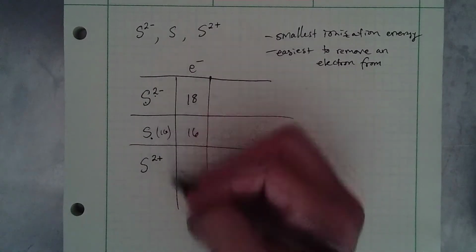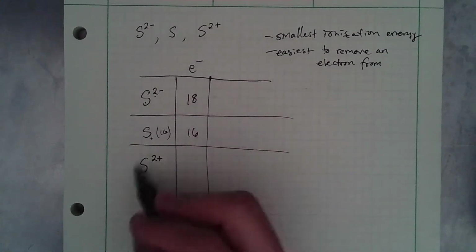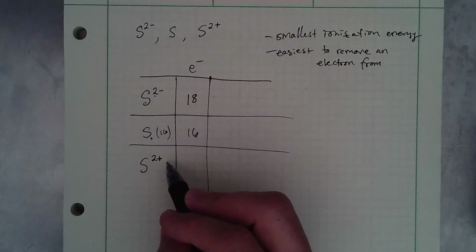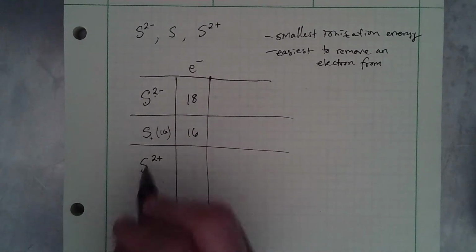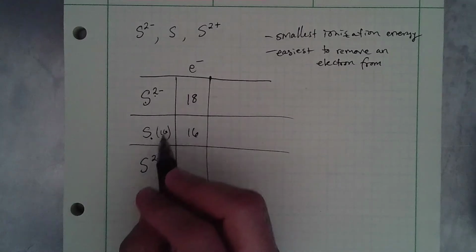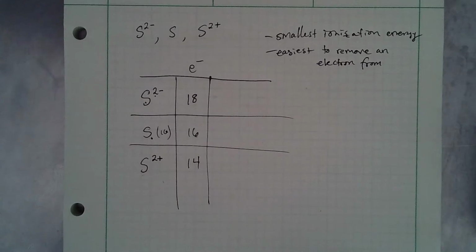And then vice versa for the sulfur +2 ion, this means that there are more protons than electrons. And we know that there have to be 16 protons, because the letter S says this is sulfur, therefore 14 electrons.